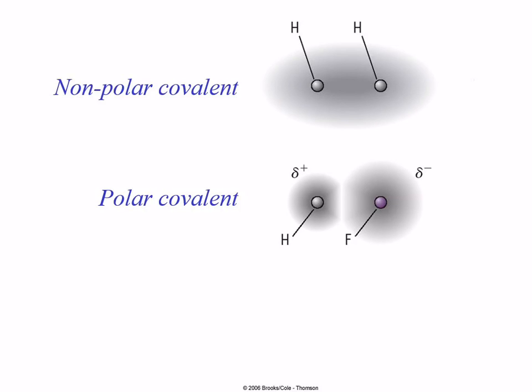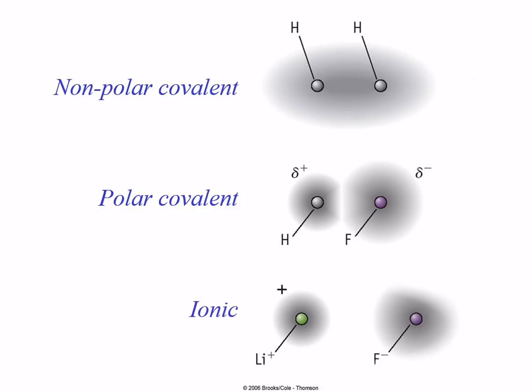HF, fluorine is 4.0. Oh my gosh. Well, fluorine is above chlorine, so that makes sense. If you take 4.0 minus 2.1, you get 1.9. So definitely electron is transferred from the hydrogen to the fluorine. Or they're showing it as a covalent.